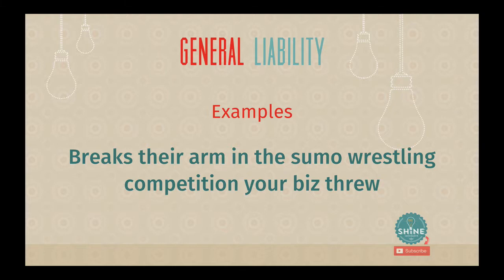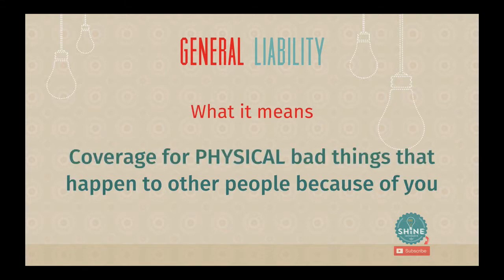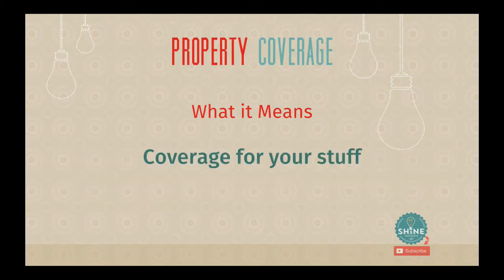You've got general liability coverage that's going to protect you in that situation. This is coverage for physical bad things that happen to other people because of you. That's general liability coverage.